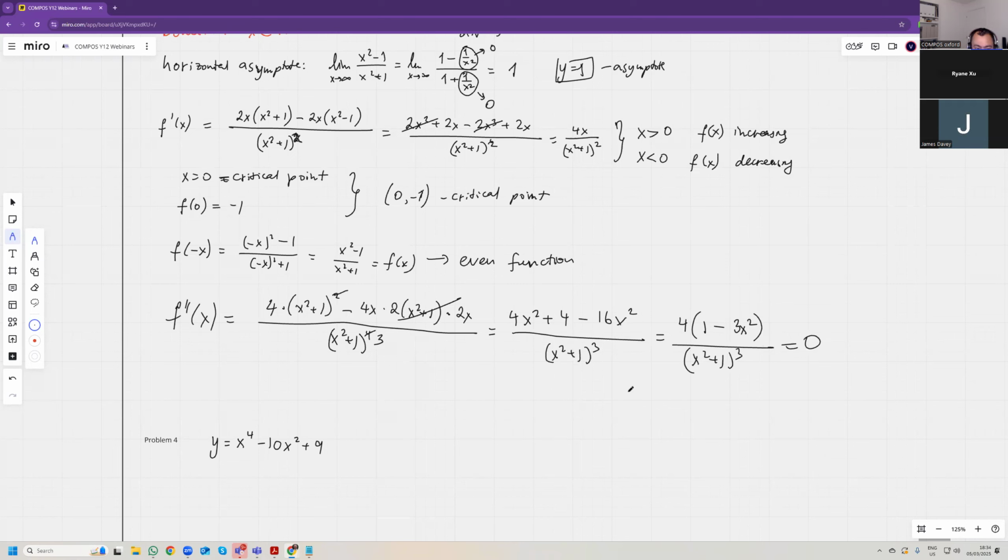That's equal to 0 when x is plus or minus 1 over root 3. So these are the points of inflection.